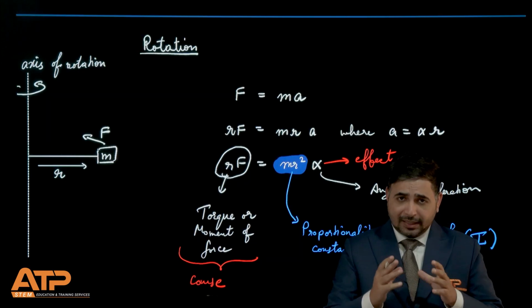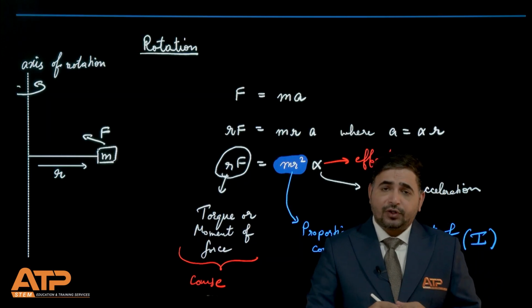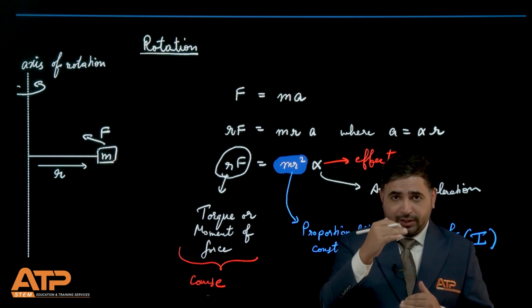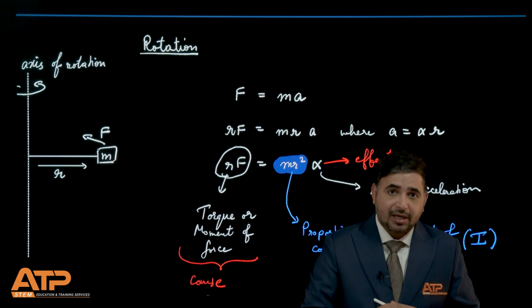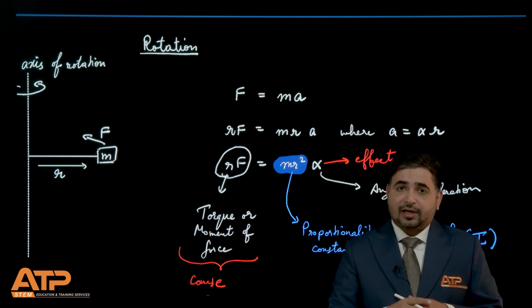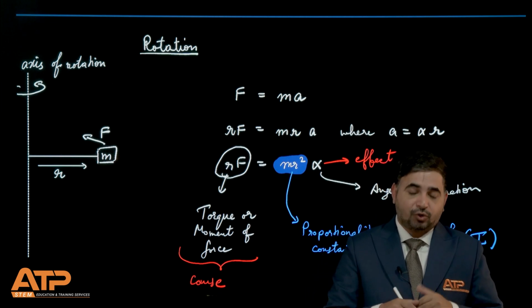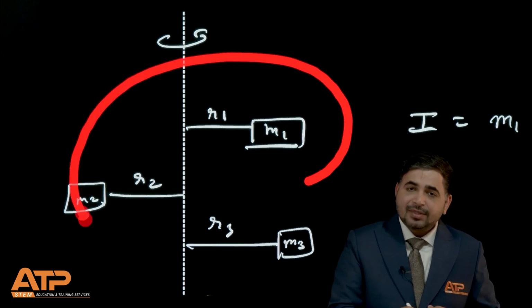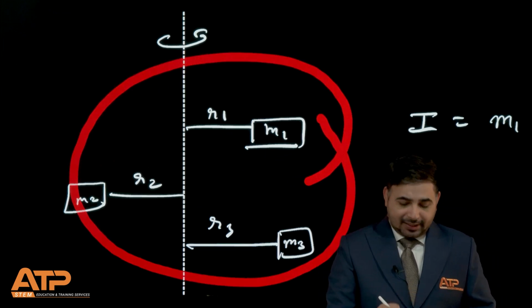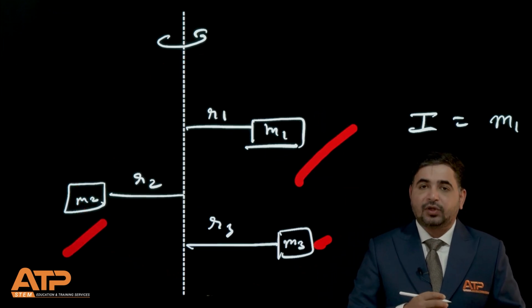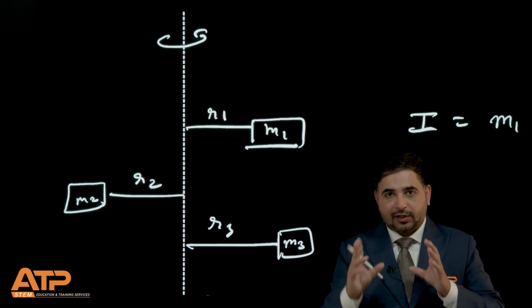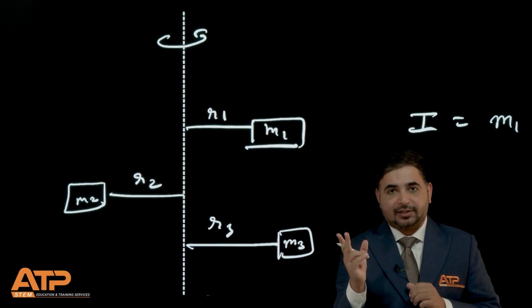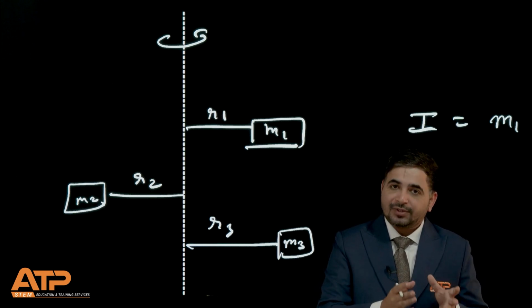Okay. Now for some time we are going to be focusing on moment of inertia. We will see the different ways and situations in which moment of inertia is going to come up. We will practice some questions on that as well, and then we will come back to this equation. For a system that is made up of multiple blocks m1, m2 and m3, located at distances r1, r2, r3 and rotating about a common axis, what would be the moment of inertia of this system?